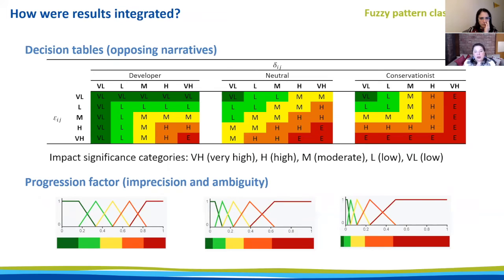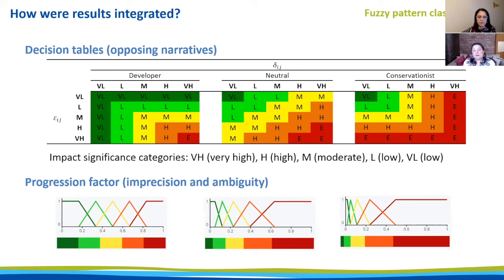These narratives were methodologically incorporated as decision tables, which I'm showing at the top of the figure. In this case, you can see on the left the developer, the neutral, and then the conservationist, and different views of how to integrate the indices shown before.